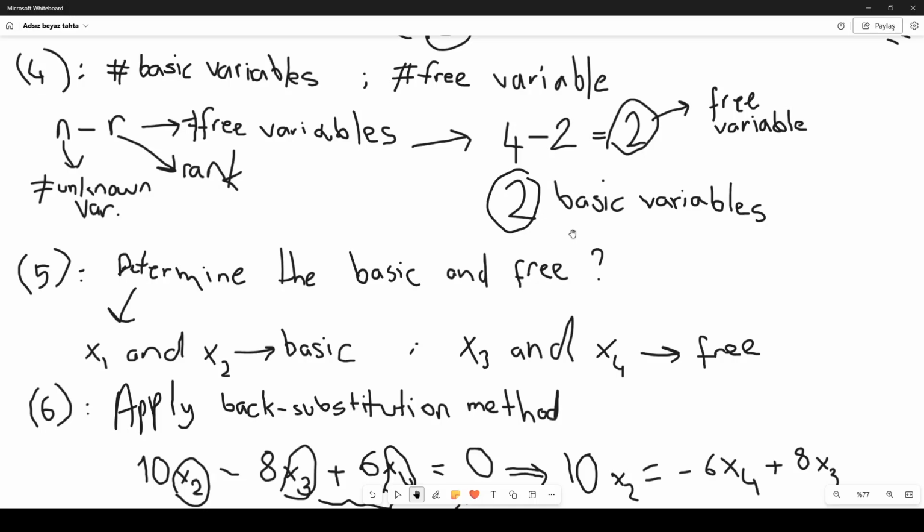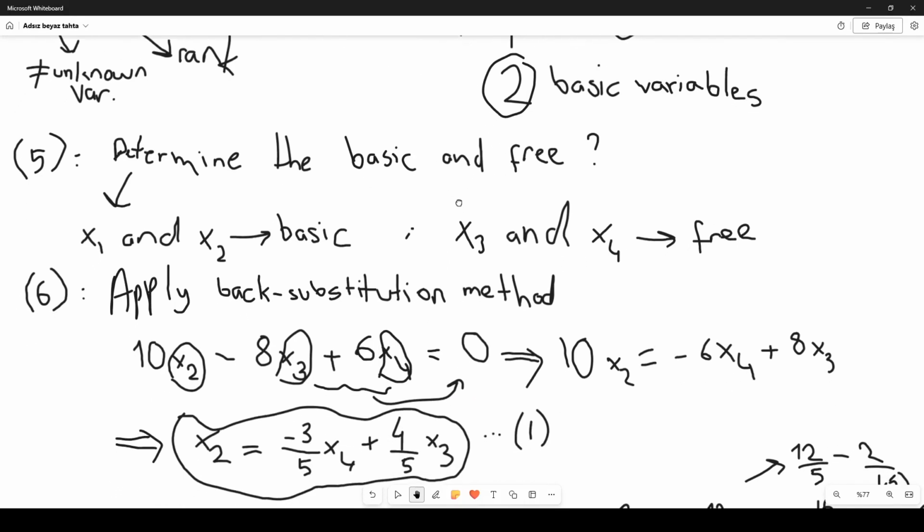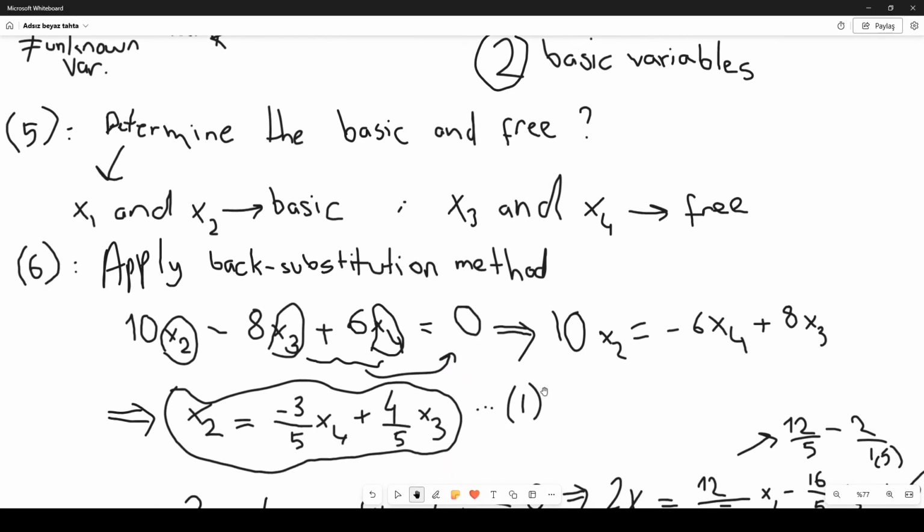So we have 2 kinds of variables. And how do we decide which ones are the basic ones and the free ones? Of course, the unknown variables that correspond to the basic columns are the basic variables, and the unknown variables that correspond to the non-basic columns are the free variables. And the basic column is the column that includes the pivotal elements, the pivotal positions.